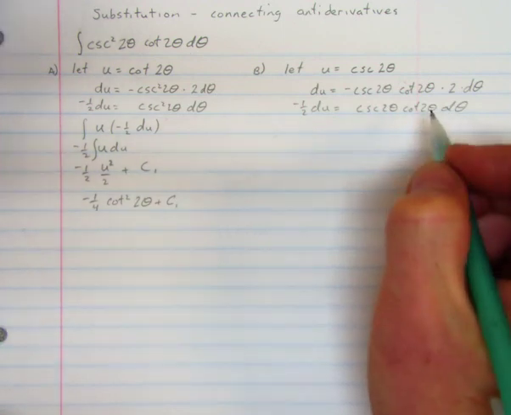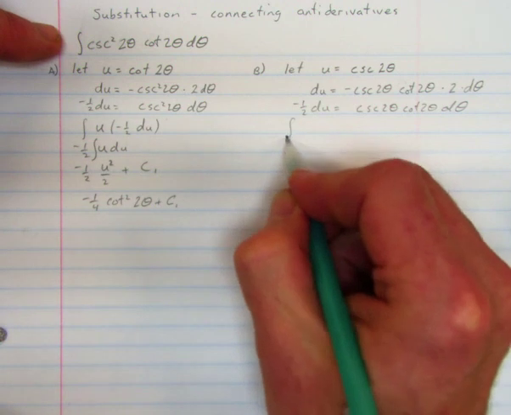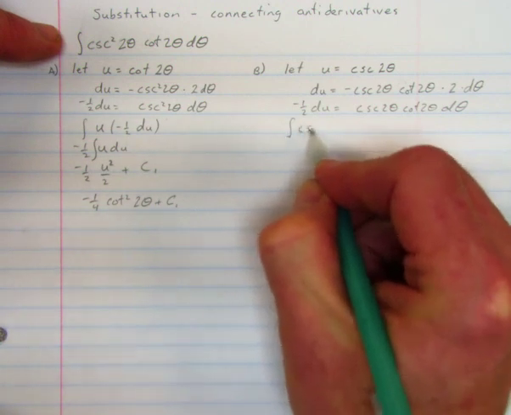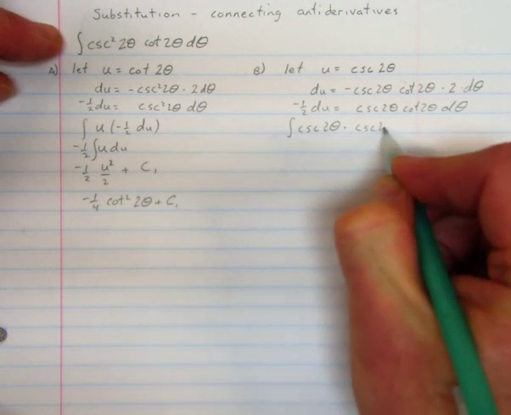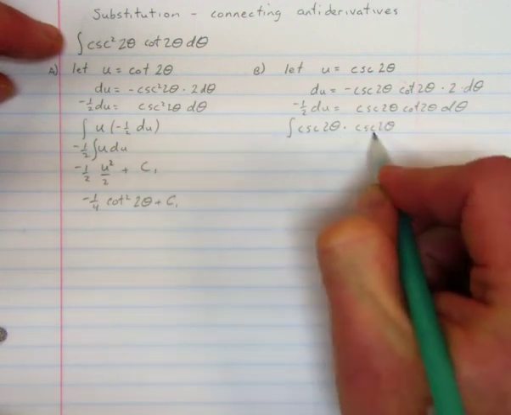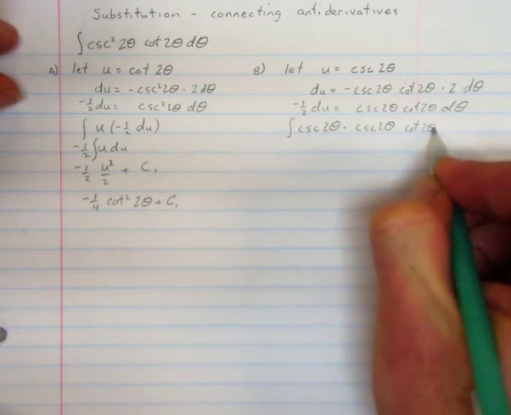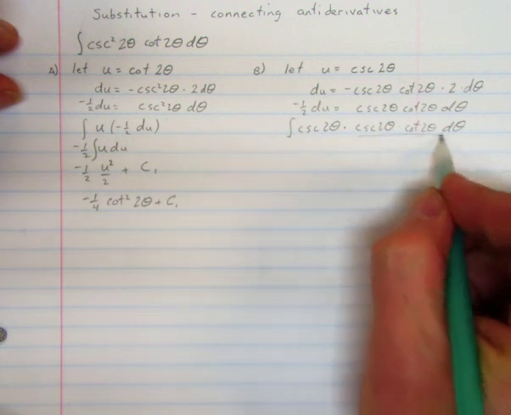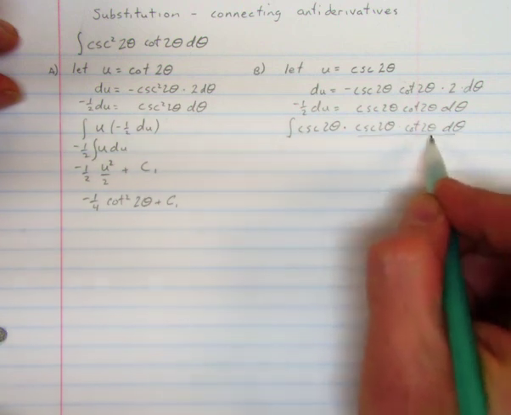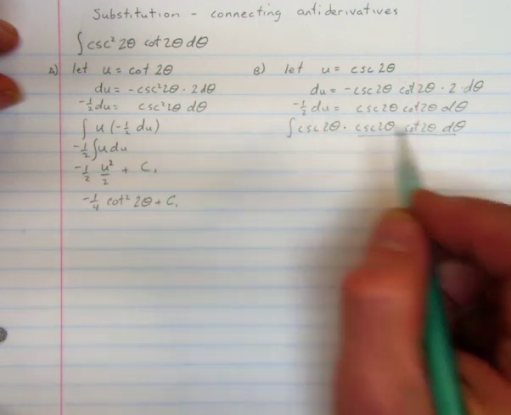Now it might be helpful to take the original integral and break it up so we can see this a little more clearly. This is cosecant 2 theta times cosecant 2 theta, that will give us cosecant squared 2 theta, times cotangent 2 theta d theta. And now we can see that this part right here, the cosecant 2 theta cotangent 2 theta, is what we have, negative 1/2 du.